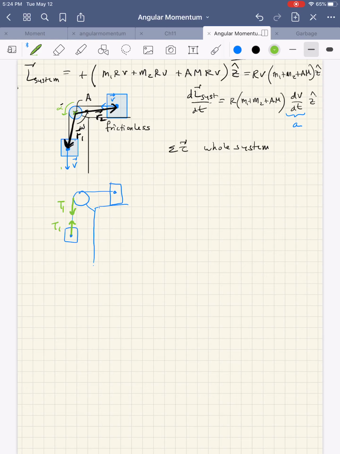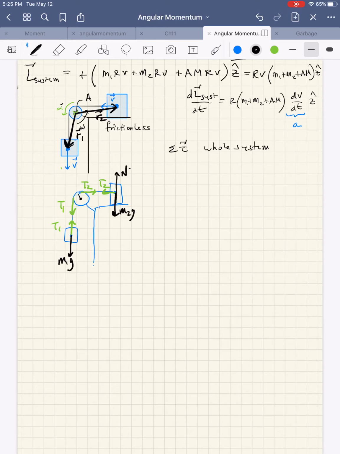It's acting equally and oppositely, one here and one here. And here, this will be T2, equal and opposite, just like that. I also have the force of gravity, M1G acting here, M2G, a normal force acting here. I'm also going to have some kind of pinning force.